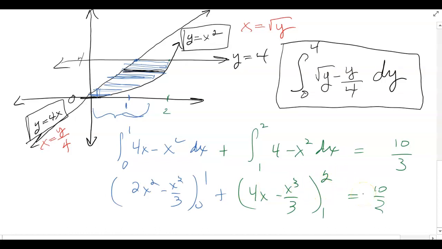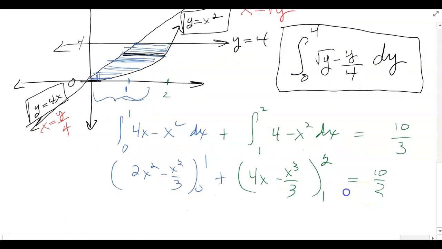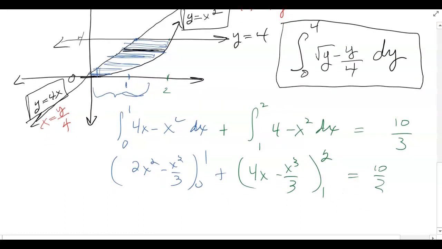So let's try it. I'll just scoot down. Let me rewrite my integral: from 0 to 4, I'm going to write square root of y as y to the 1/2, minus y over 4, dy.